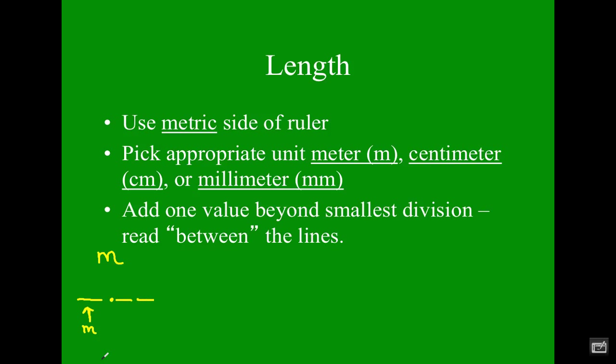Then the next 2 places that come after the decimal point represent the number of centimeters that I have. Then I can take a look at the next one, which would be the millimeters, so the number of full millimeters that I have.